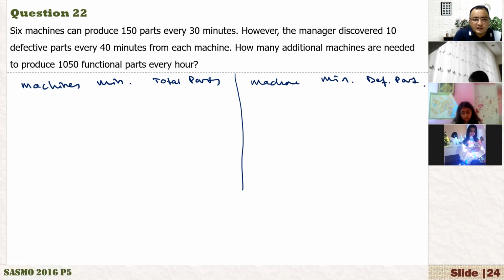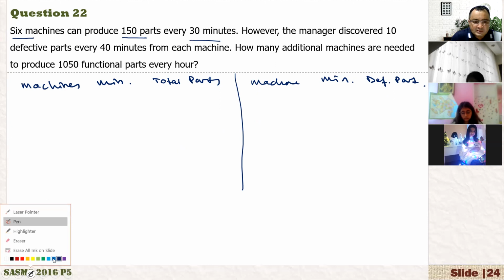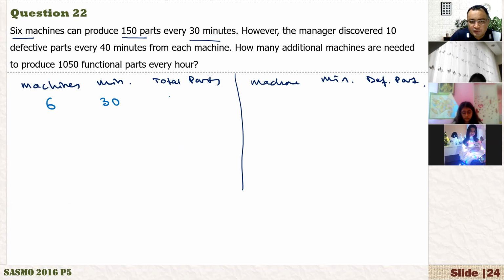First, it says 6 machines can produce 150 parts every 30 minutes. So if we have 6 machines here, in 30 minutes they can produce 150 parts. Then it asks how many additional machines are needed to produce 1050 functional parts every hour. So now let's see, in 1 hour, how many does one machine produce? Because I need to find functional parts, right?